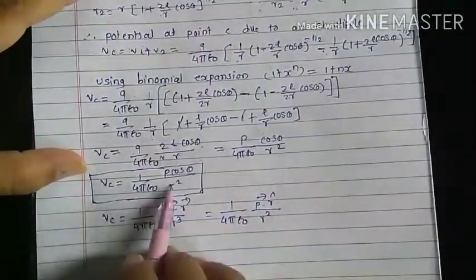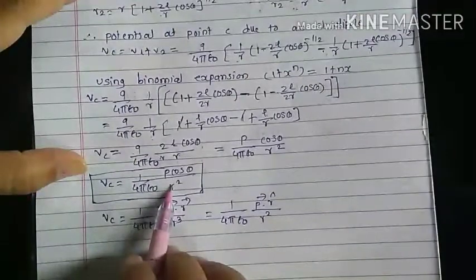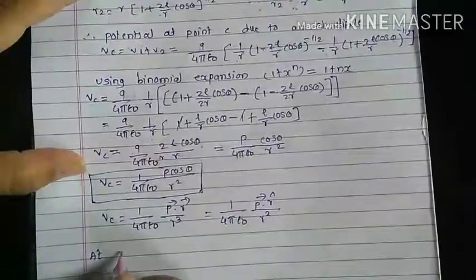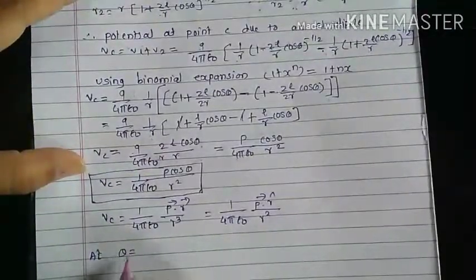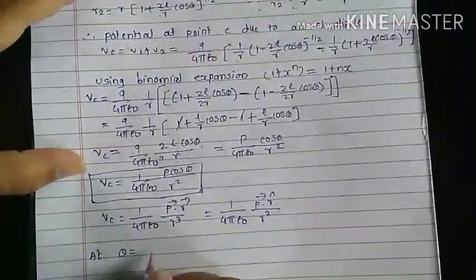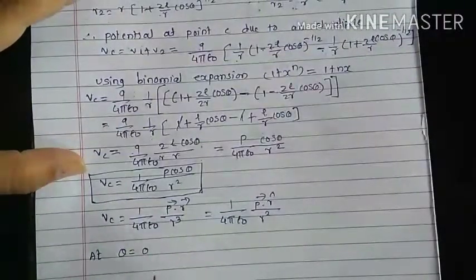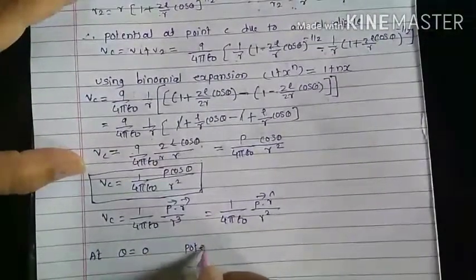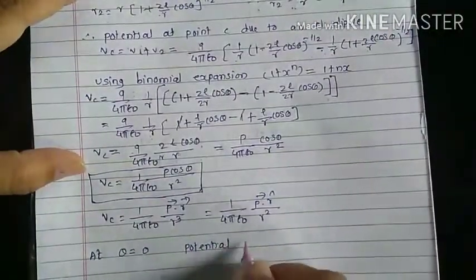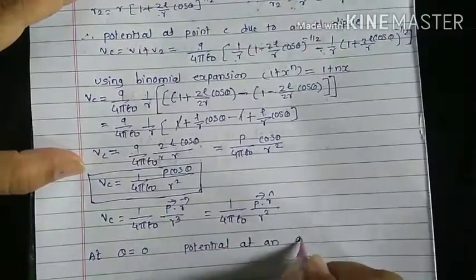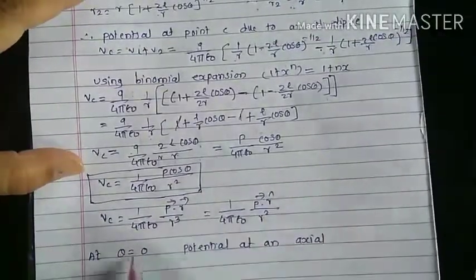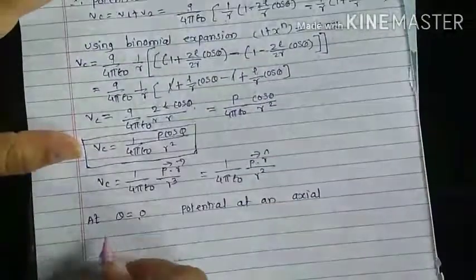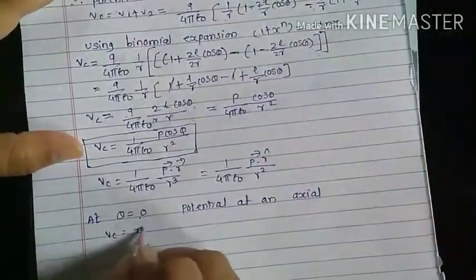This electric potential at theta equal to 0, we say, is the potential at an axial point. If we put theta equal to 0, then cos 0 will be 1, that means the potential is maximum.